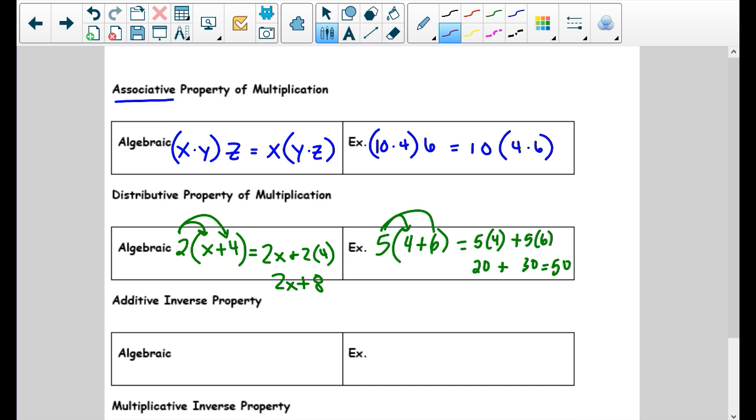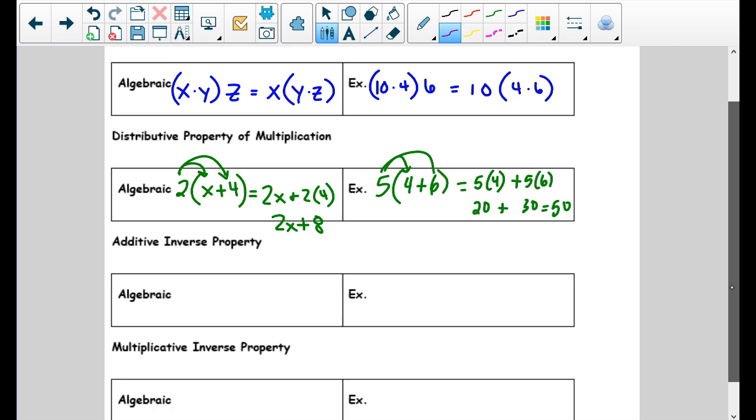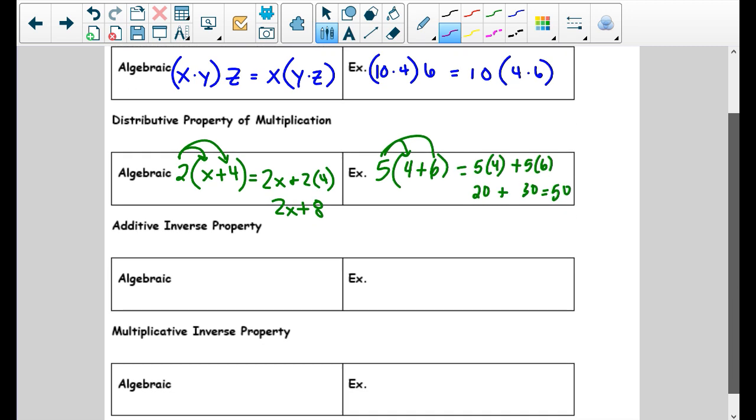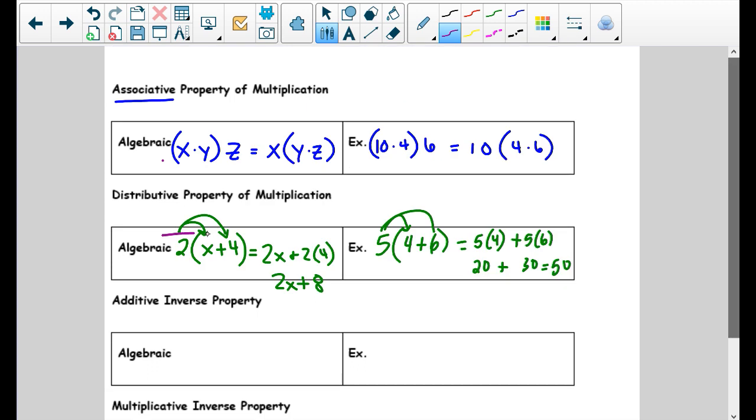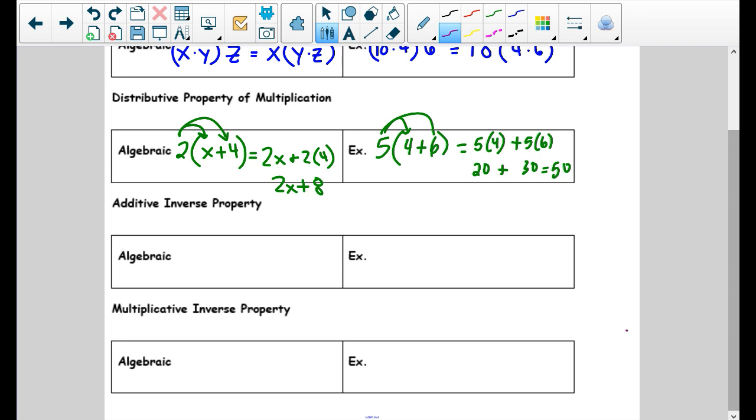Couple more. Additive inverse. We talked about, and you've used the inverse a lot before. What does inverse mean? Opposite. So if I have, for example, x plus 3 equals 7, how did I solve for x? Yeah, I subtracted 3, right?